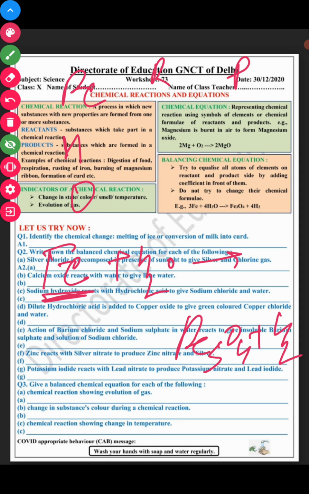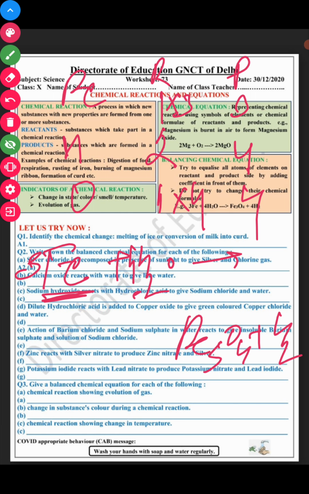This is the reactant, this is the product. Iron we have 1 this side and 3 on the other side, hydrogen we have 2 and here we have 4. Oxygen here we have 1, and here we have 4. If we multiply this with 3, it is balanced. If we multiply this with 4, it is again balanced. So we have to write 4.